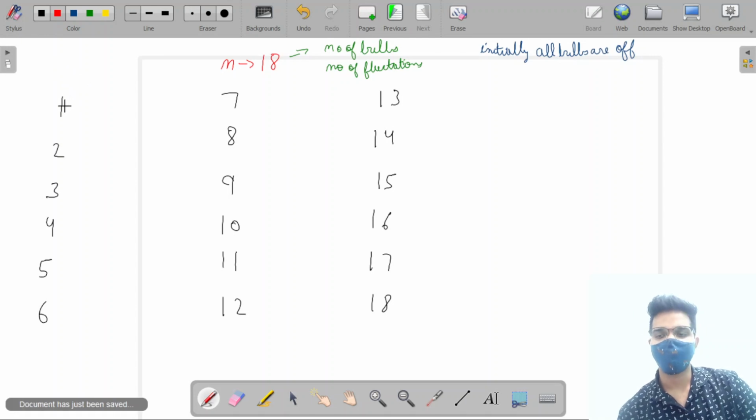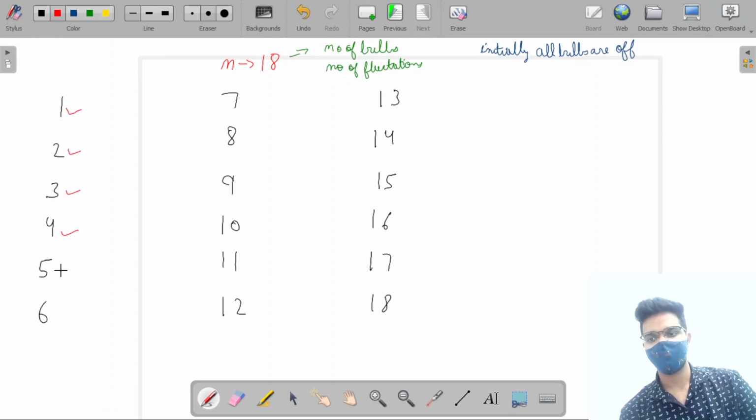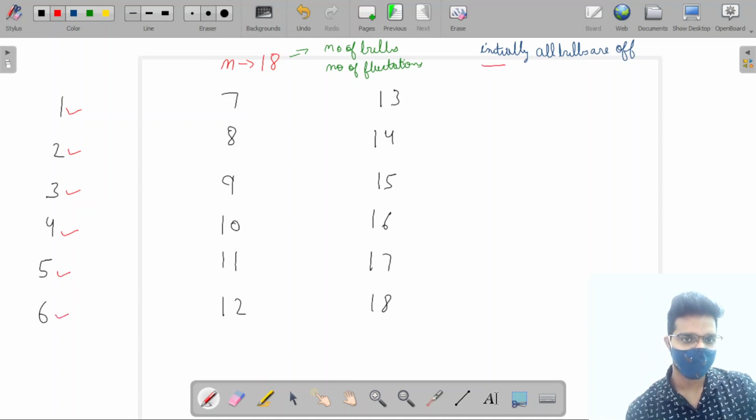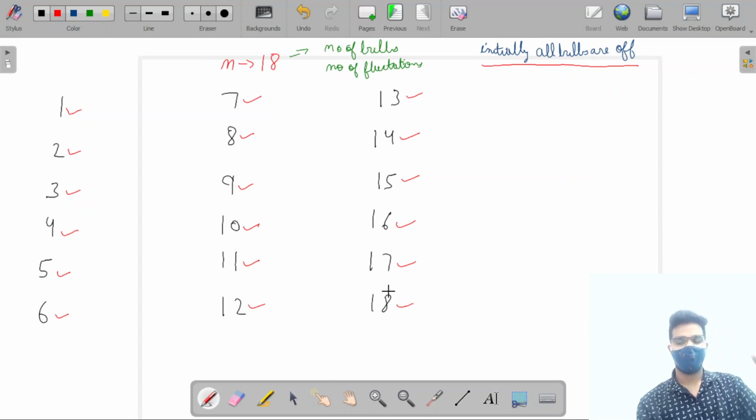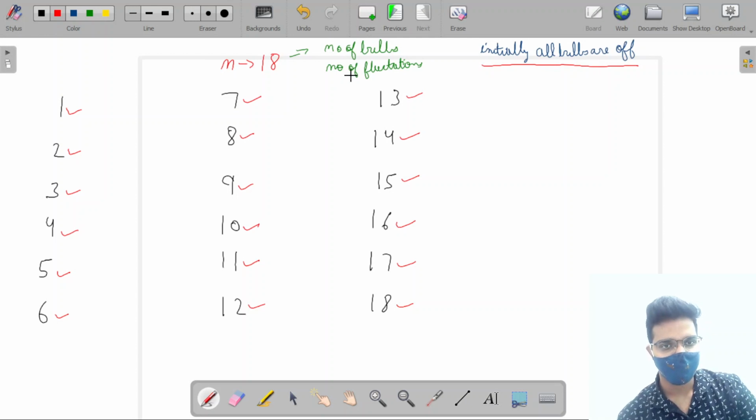In the first fluctuation, all the bulbs will get toggled. That means that initially all the bulbs are off, right? So now all the bulbs will turn on. Are you getting me? Because every number is a multiple of 1, all the bulbs got toggled.